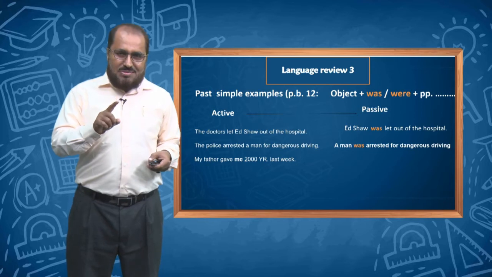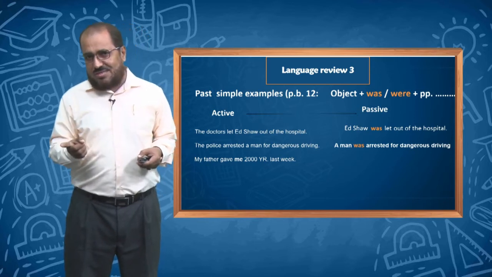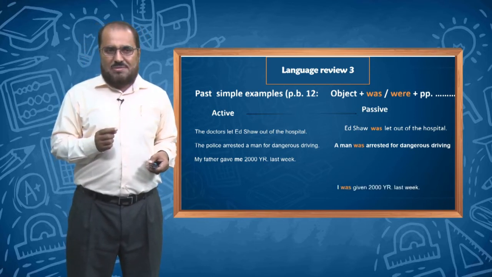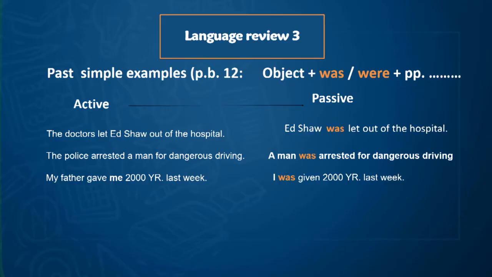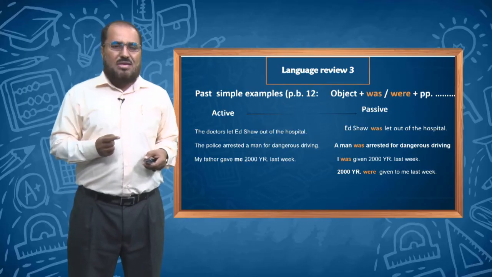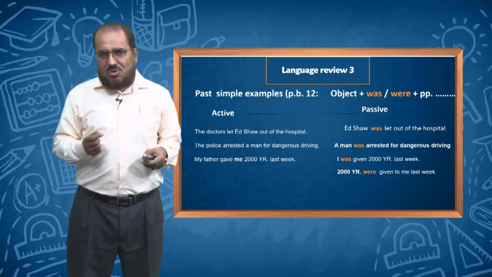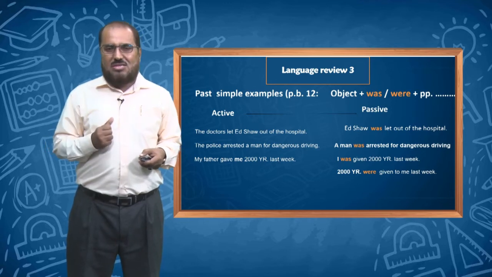But don't forget, it should be changed into a subject pronoun. It will be I. I was given 2,000 Yemeni riyal last week. You can build another passive sentence with the second object, 2,000 Yemeni riyal. Yes, 2,000 Yemeni riyal were given to me last week.